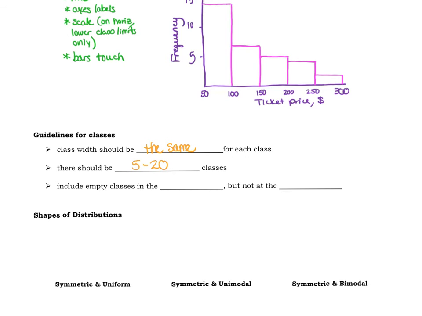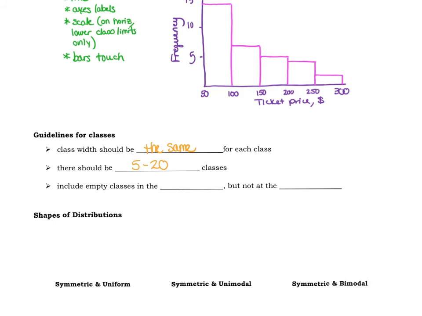Now, my personal choice is not to have 20. You can. I mean, if you have a really large data set, you may need 20. I like to keep it at 15 or less personally. And in this class, I'm going to make sure we keep it probably no more than 8 or 9 maximum, just for common sense type stuff.